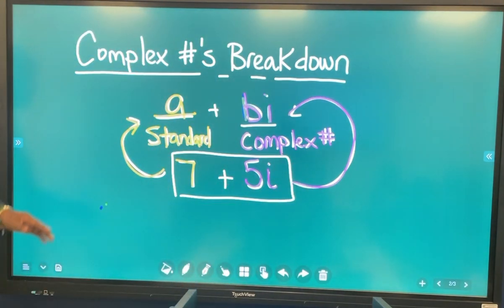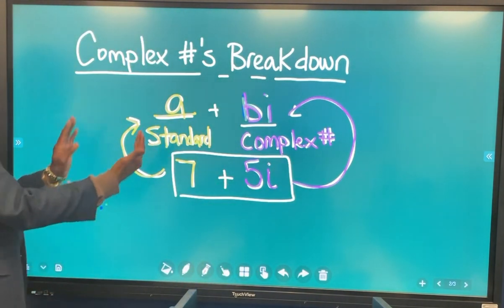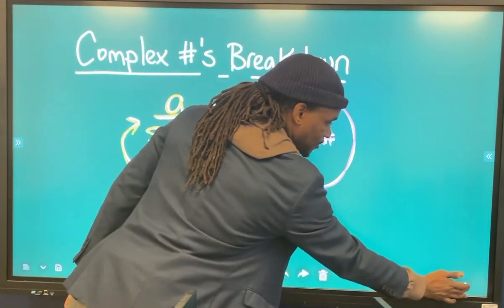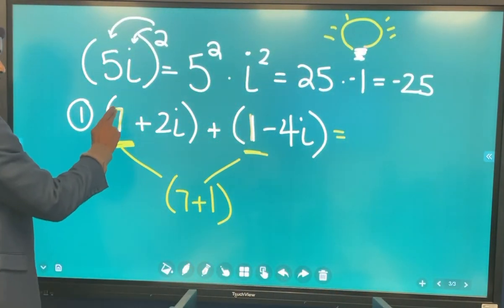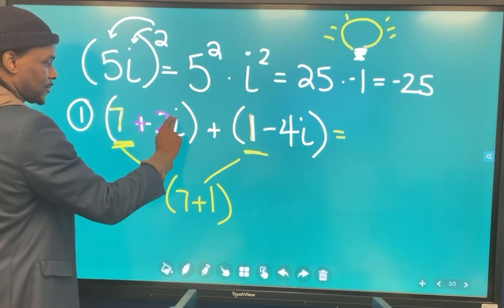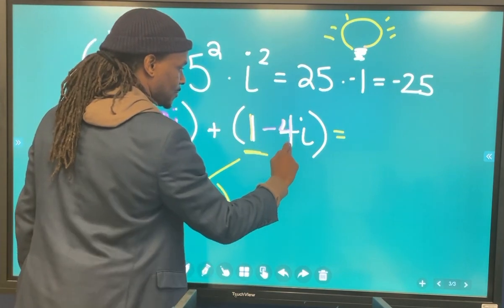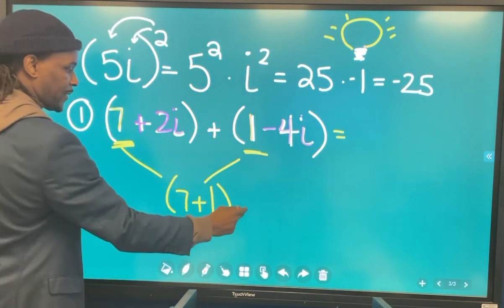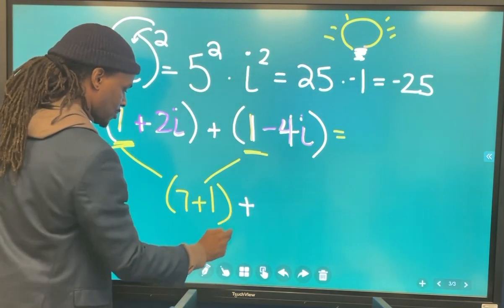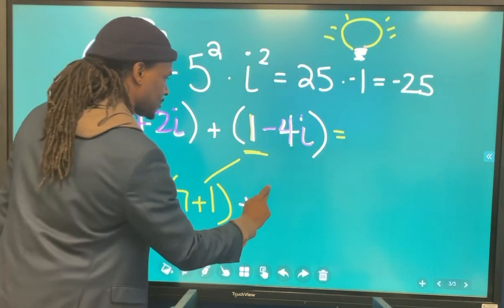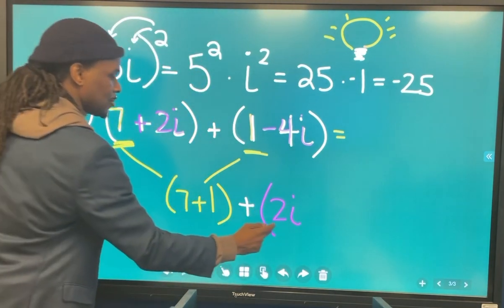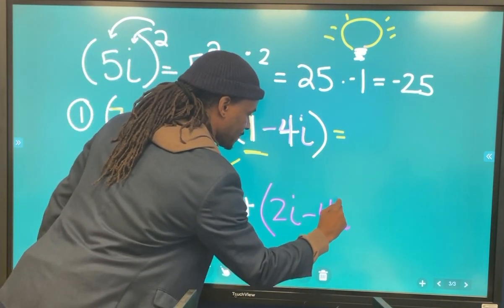So remember, you're going to have to separate the two. You keep the standard numbers with the standard numbers and the complex numbers with the complex numbers. Going back to that question, if you see here, you kept your two yellow numbers together. Everything else is complex. So here we're going to have to add, right, the two numbers over here, 2i minus 4i.